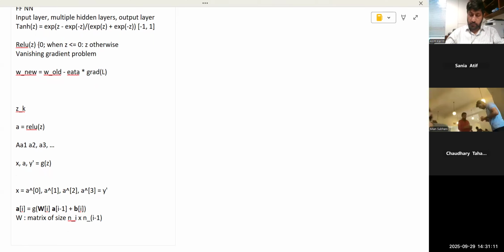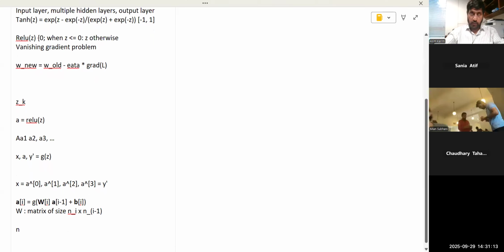So आपके पास layers के sizes. So we have n0, n1, n2, n3 and so on. ठीक है. So I basically meaning that the ith layer के number of nodes हैं. So these are all number of units in the ith layer.